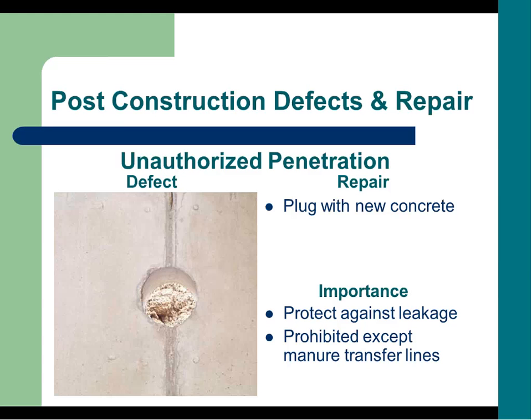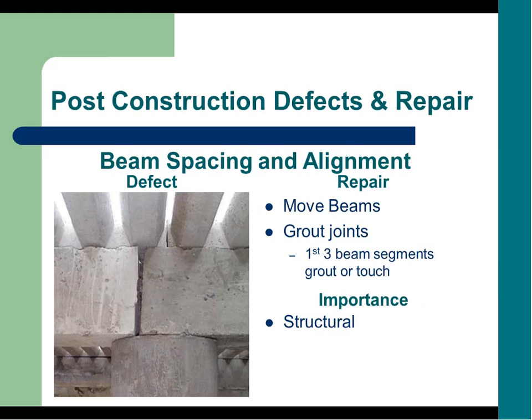Other post-construction defects and repairs: for an unauthorized penetration or defect, what we would require is that you plug it with new concrete, drill in some bar to make sure that you've got the proper structural stability, and then patch that hole. Again, to protect against leaks, and it is prohibited except for where you're transferring manure to manure, or to another manure structure.